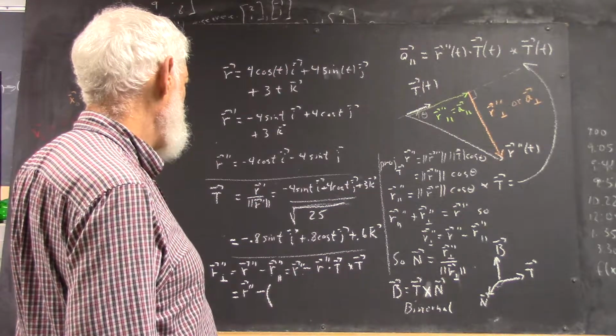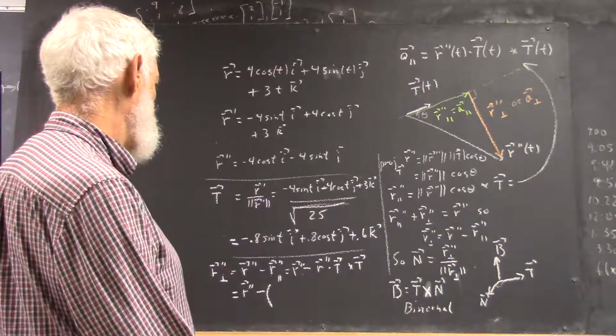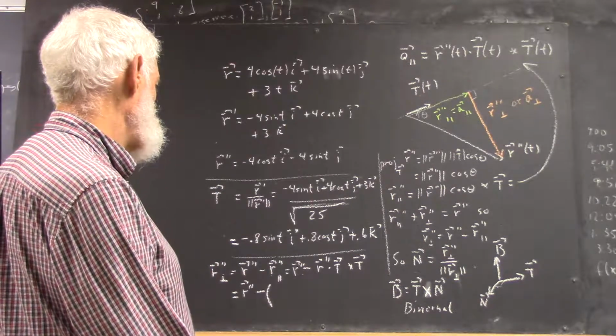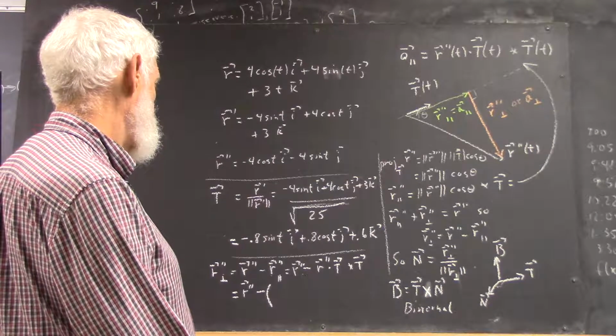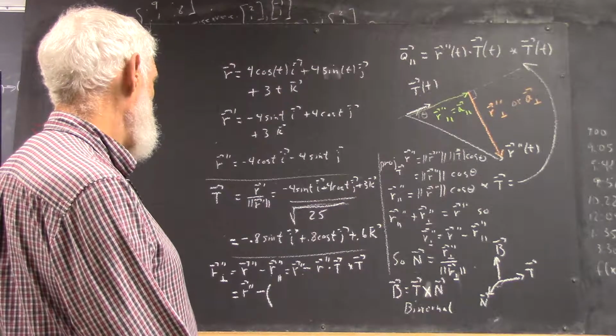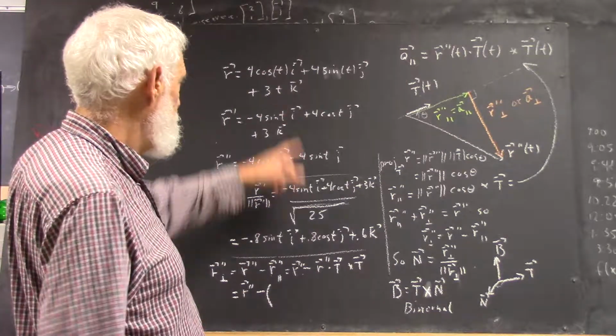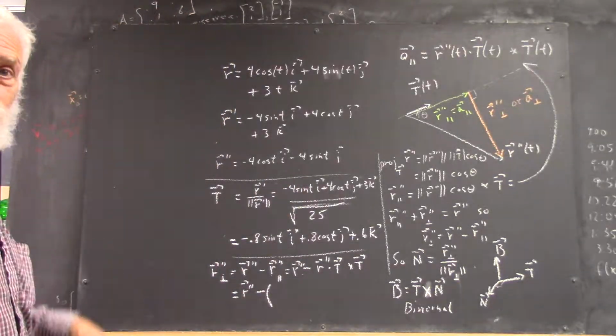I'm going to get 0. I don't like it. Because there's no component there because you have no acceleration. I should have made it out of t squared, but that would have complicated this. It's okay. We'll do it anyway.